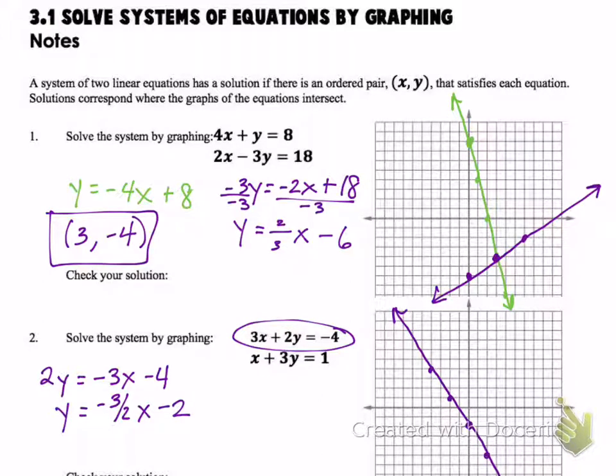And then the next one would be 3y equals negative x plus 1. Y equals negative 1/3 x plus 1/3.